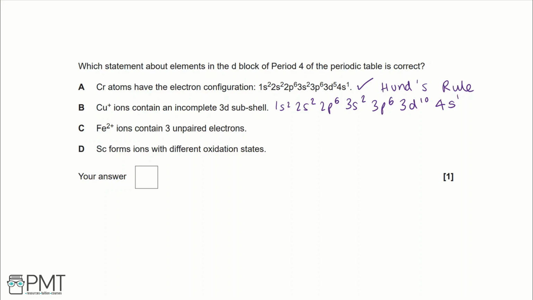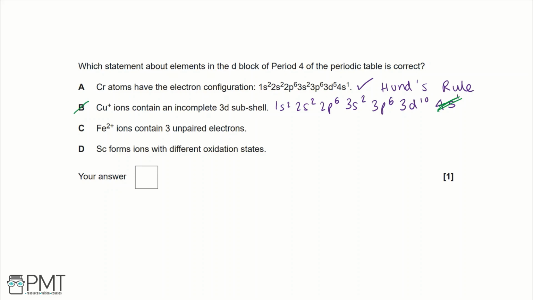And again, this is based on Hund's rule. We're deciding to pair the 3D before we pair the 4s. So looking at this, if we were going to make a copper plus ion, we would lose the 4s electron first, and that would leave us with a complete 3D subshell. Therefore, B is not correct.